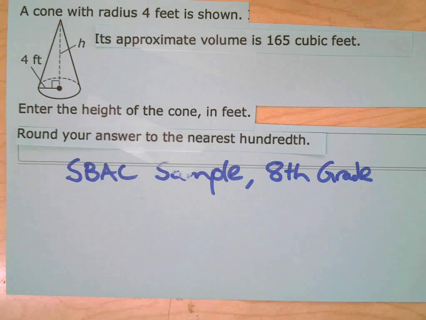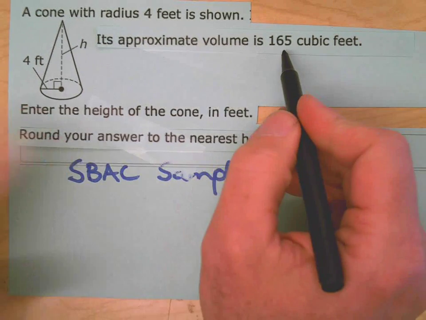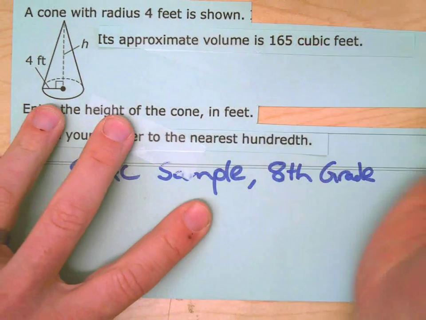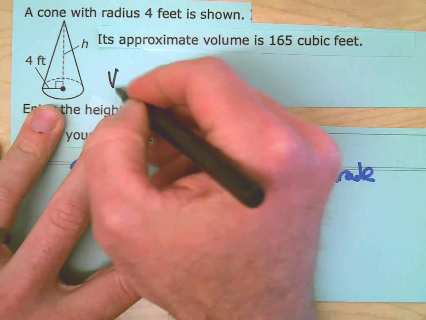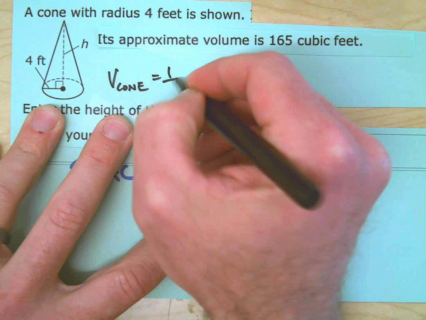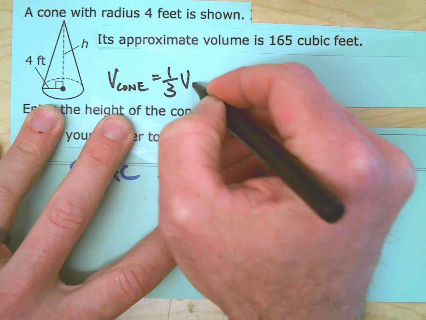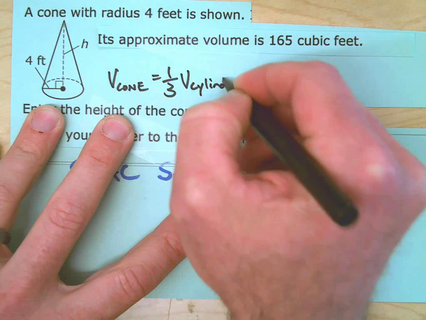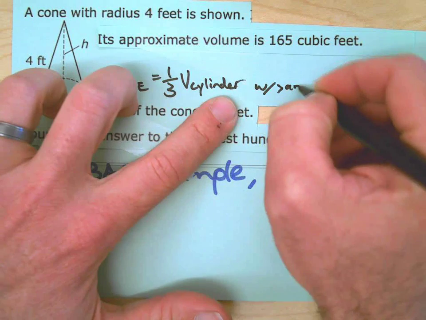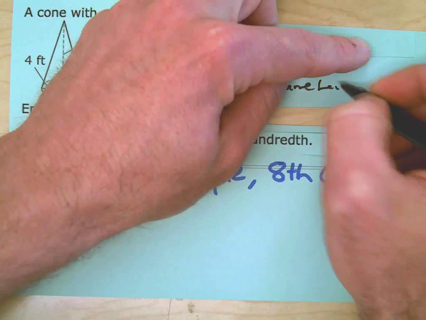Okay, so first of all, we've got a cone. Volume 165. Now in my class we did a little demonstration where we learned that the volume of a cone is 1/3 the volume of a cylinder that has the same height. Same height. Okay?